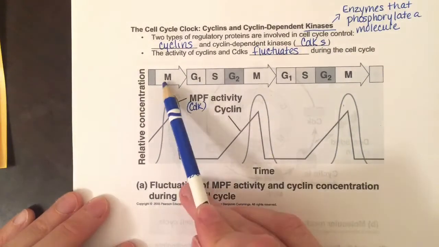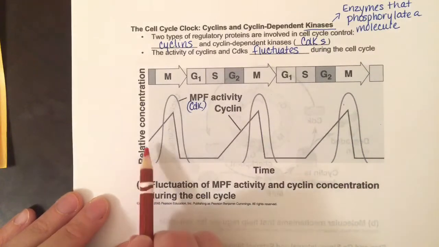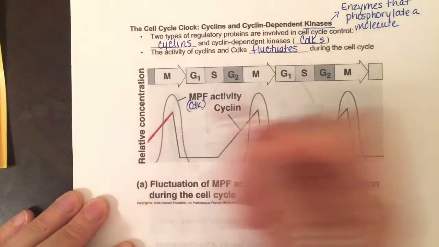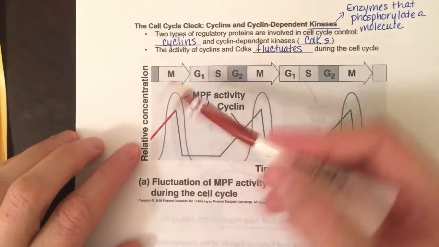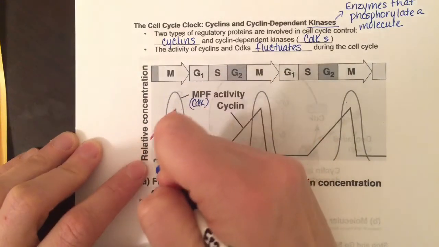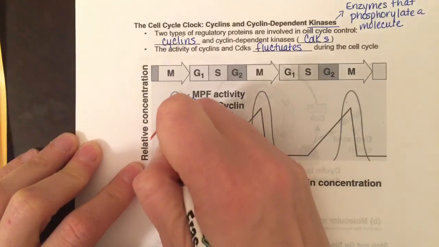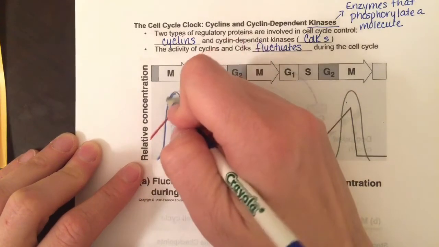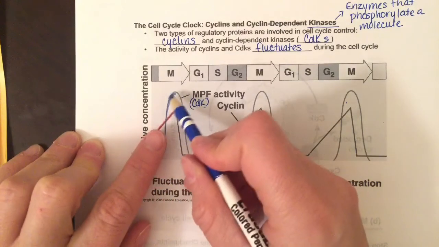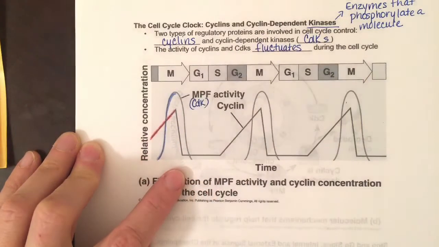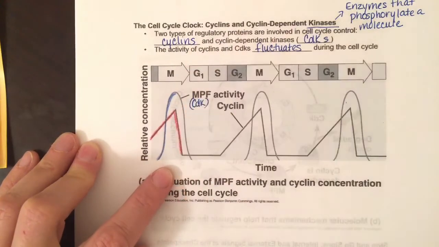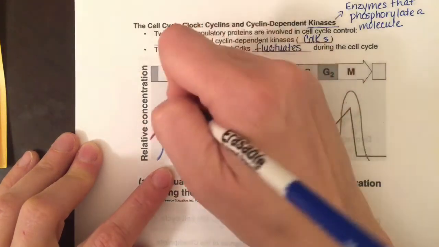So you can see here in the M phase, if we look first, the cyclin is going up. And then if you notice, MPF seems to go up afterwards, almost because of that increase in the cyclin. So cyclin goes up and MPF goes up. Then notice here, cyclin drops down, and MPF drops down.